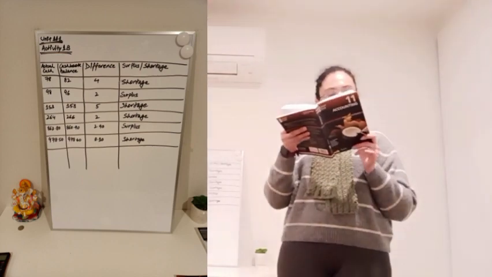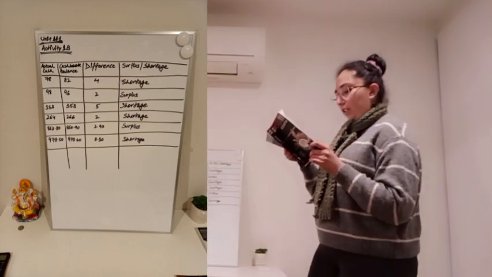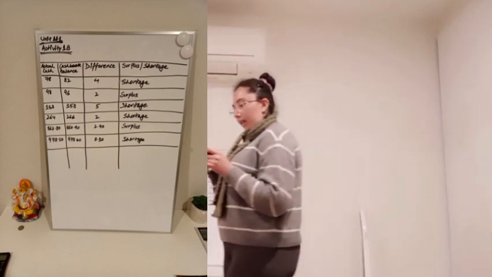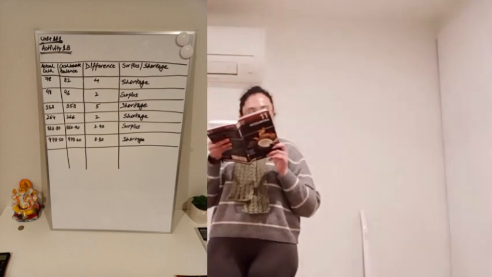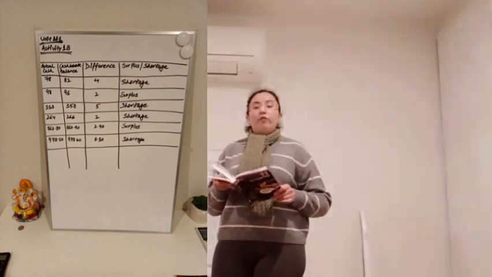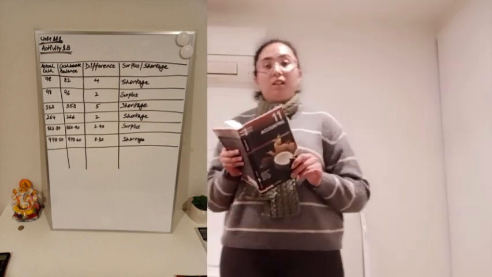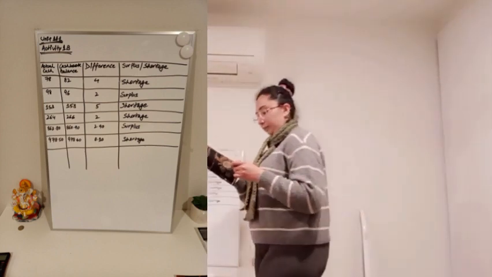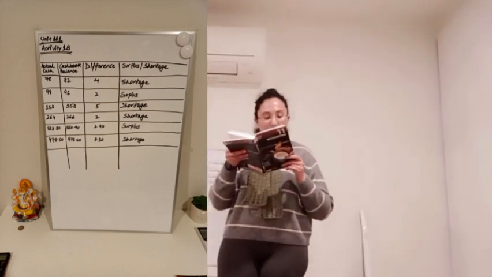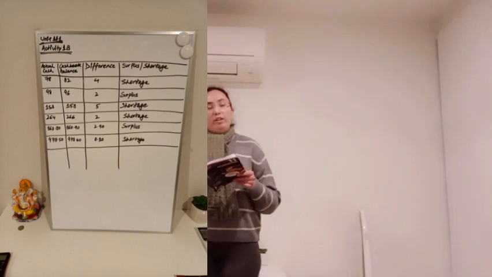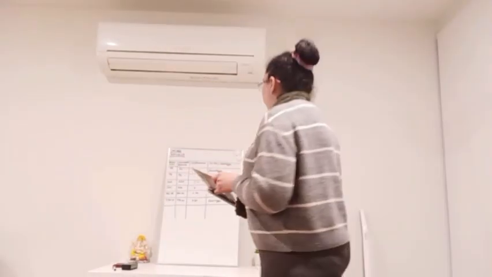Then 264 and 266, difference is 2, again it's a shortage. 863.80 and 860.90, difference is 2.90, and again but this time it's a surplus, it's not a shortage. And then 978.50 and 978.60, 0.10 shortage. So easy.